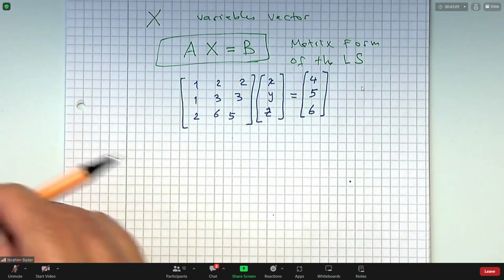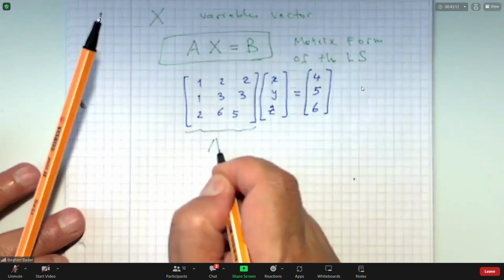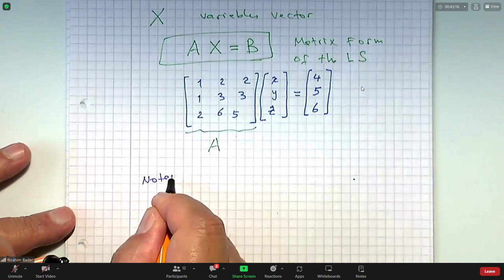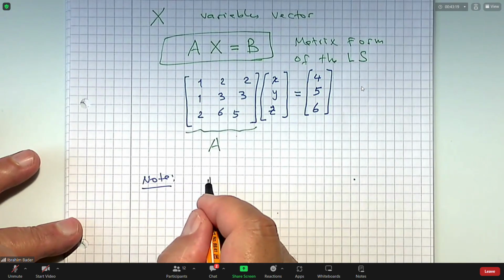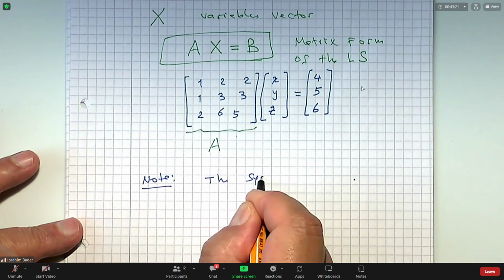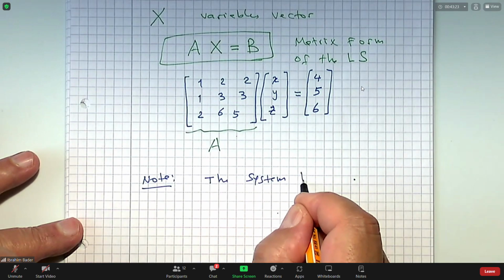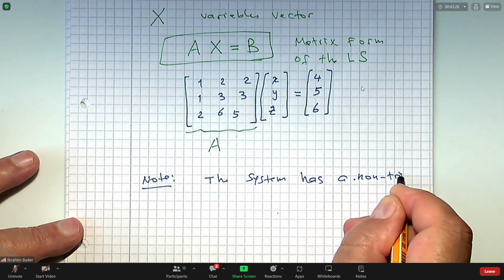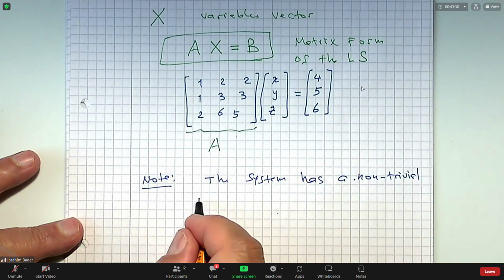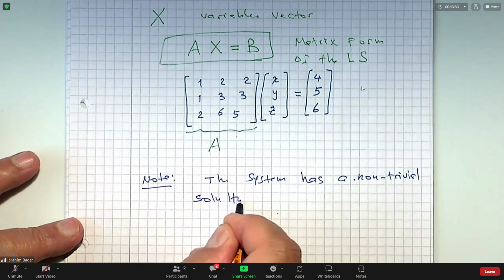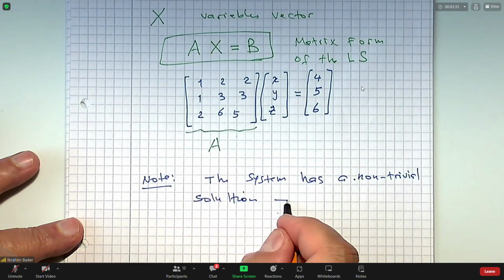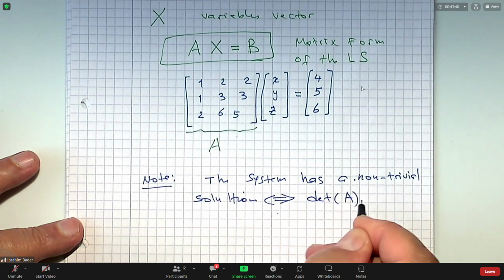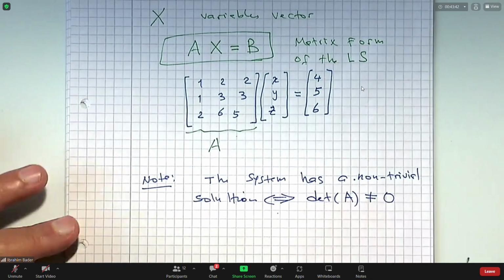And for this matrix, the system has a non-trivial solution if and only if the determinant of this matrix is not equal to 0.